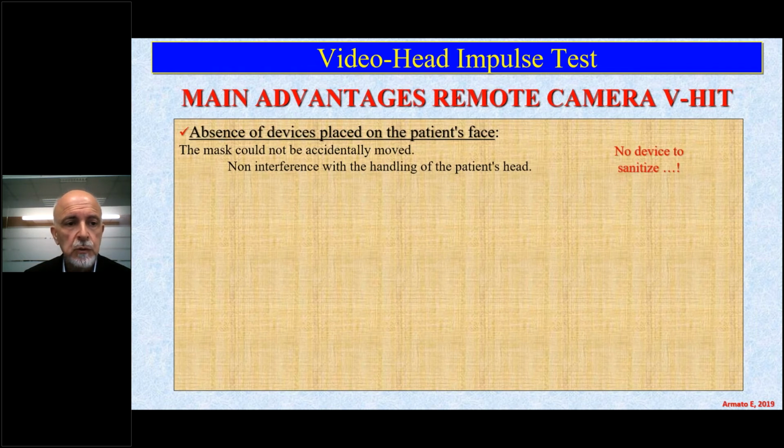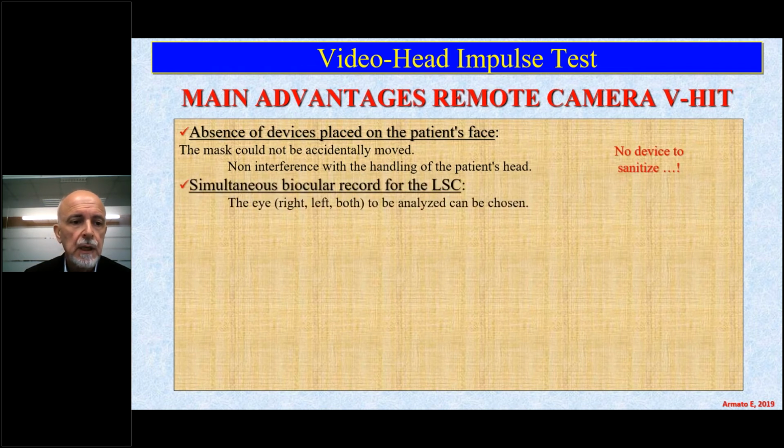The second one: simultaneous biocular recording for the lateral semicircular canals. The eye, right, left, or both, to be analyzed can be chosen.